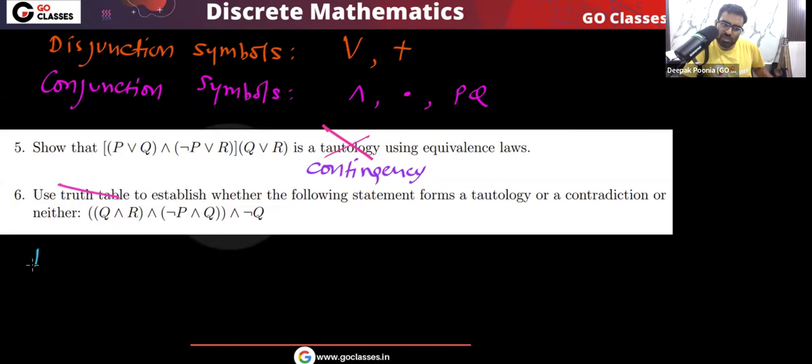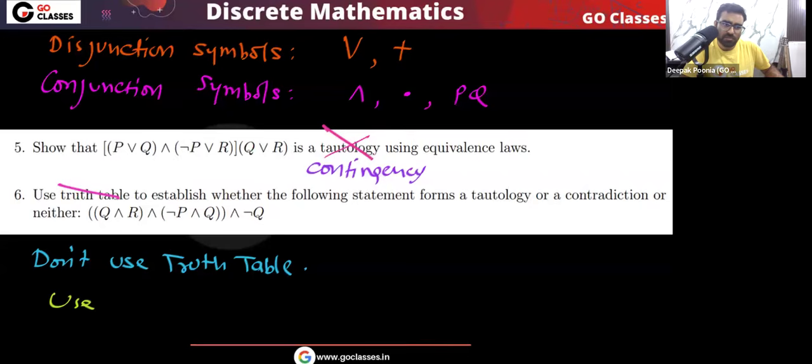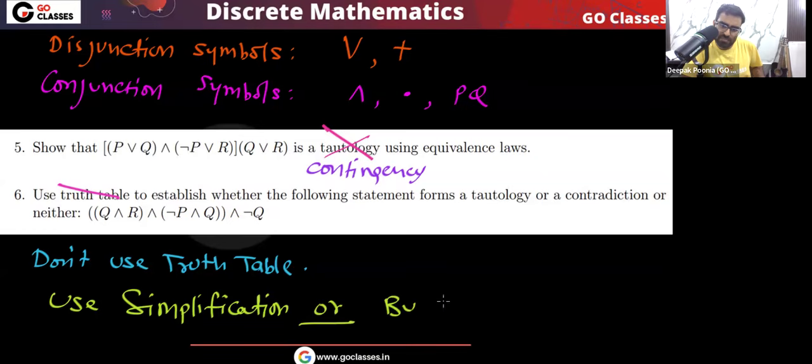The truth table is a dumb method for the GATE exam, so don't use it. Use by-case or simplification, meaning either you use the logical laws, or you use the by-case method.